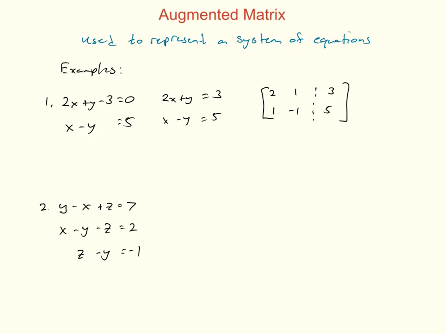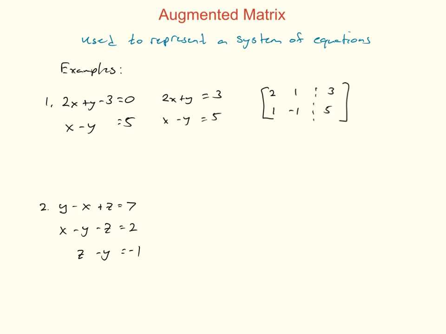In the second example, one of the issues you have is that you want to have all the variables be consistent. In this case, we have an issue because the x, y's, and the y and z in the third one are not in the proper order. So what I'm going to do is rewrite that.